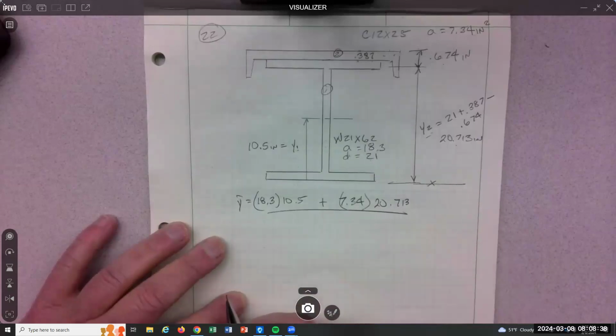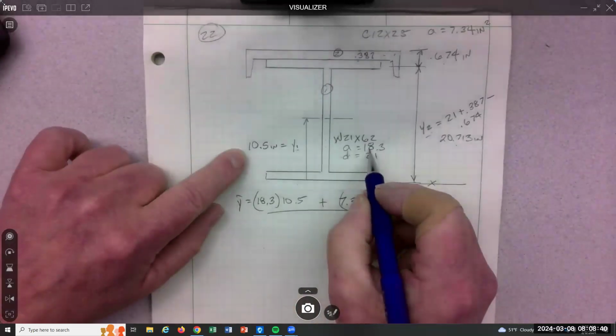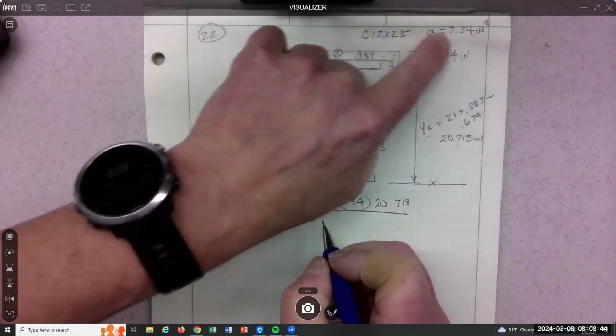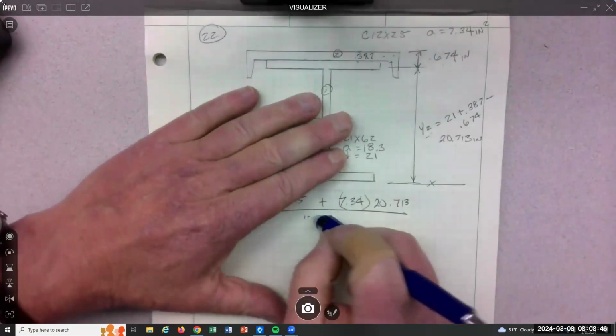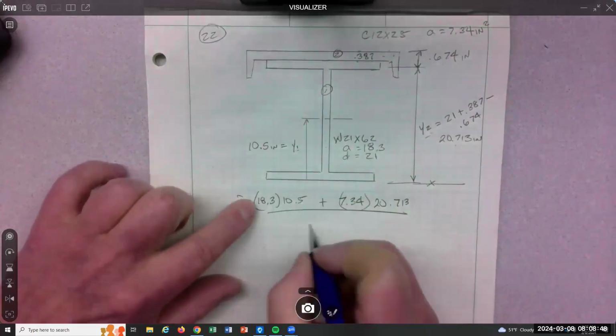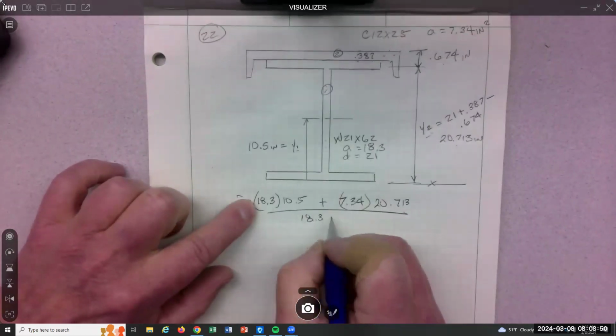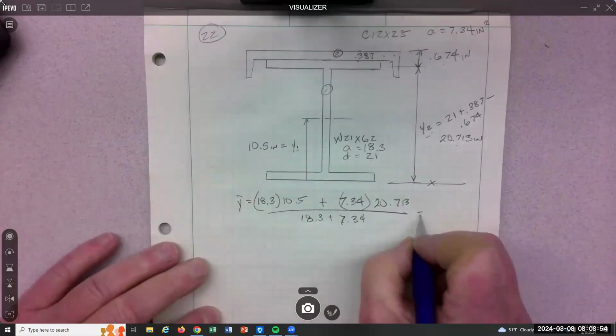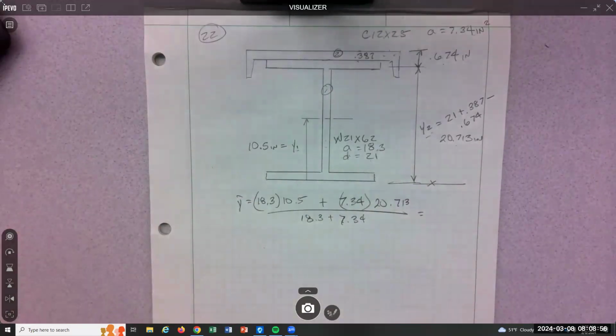All that is over the combined areas, 18.3 plus 7.34. Good to go.